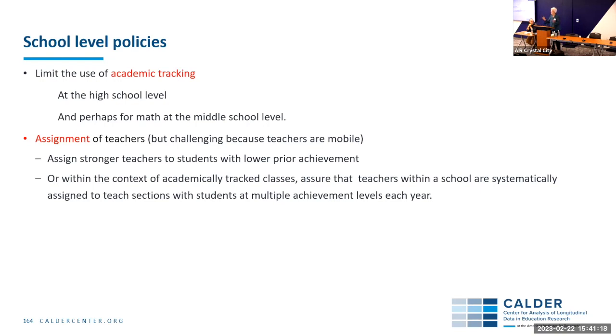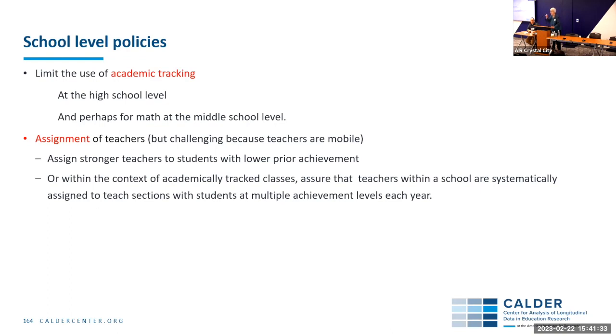Now, which of these are most feasible? That's for policymakers to determine, but there is research on a lot of these options. And I think it's our responsibility as researchers to keep pushing policymakers.